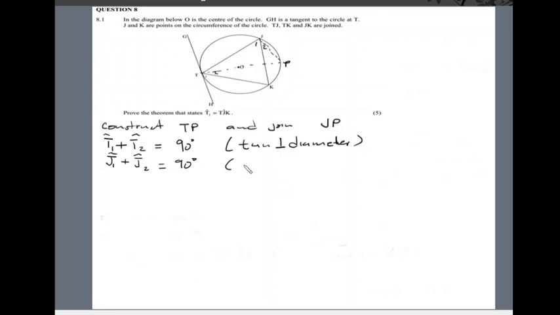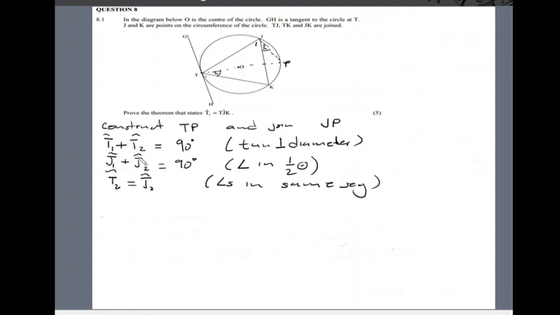Reason: angle in a semicircle. And then I have T2 and J2 are equal. My reason will be angles in the same segment. So T2 and J2 are equal, right? Reason: angles in the same segment.